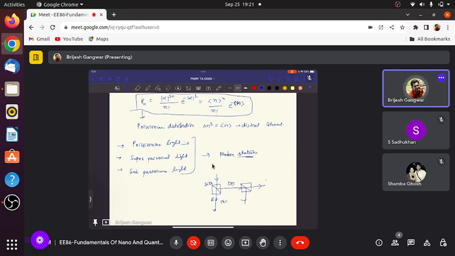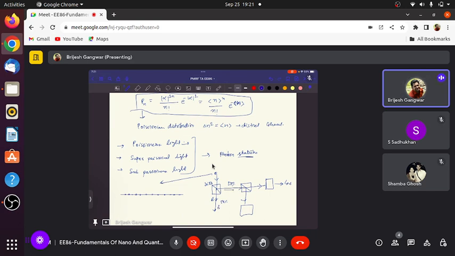If there is a detector here and a detector here, we can count. In quantum mechanics the light is in a quantum state, so we can count the number of photons. Let's say in this line some number of photons will come, and then these photons will go this way or this way.